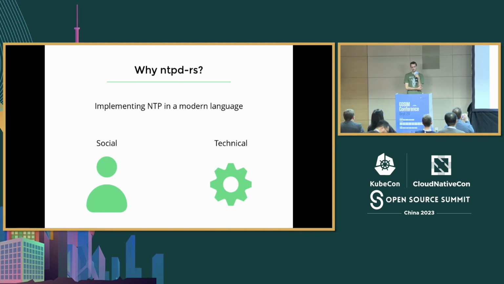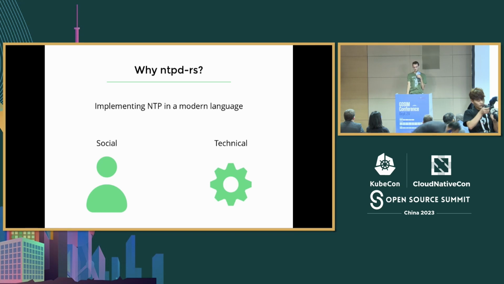Then there are, of course, also technical reasons that we might consider a rewrite, or really a new implementation, in a modern language. In particular, that means the tooling is a lot better, the beginner story is a lot better, the documentation is generally a lot better.